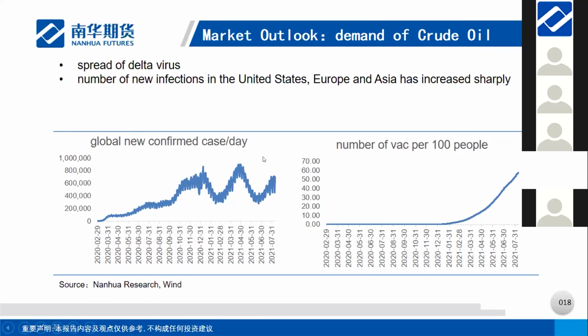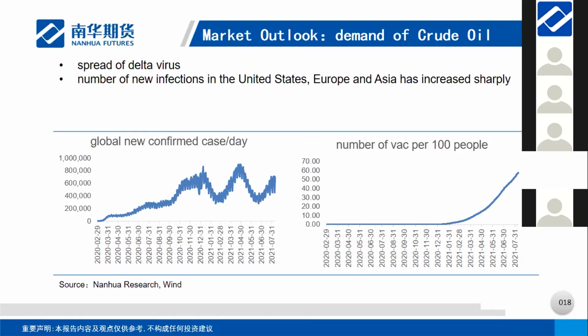And also according to EIA data for last week, the US commercial crude oil inventory decreased by 3.23 million barrels, which is basically consistent with API data.